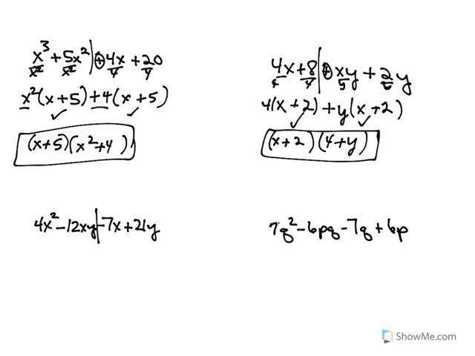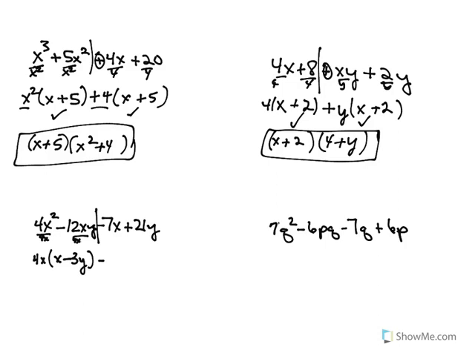Remember, the sign in front of the number belongs to that number, okay? So in my first group, my GCF would be a 4x. So I'm dividing out by that 4x, so I'm left with x minus 3y, right? So 4 divides into 12, x and x cancel, the y is left there, okay?